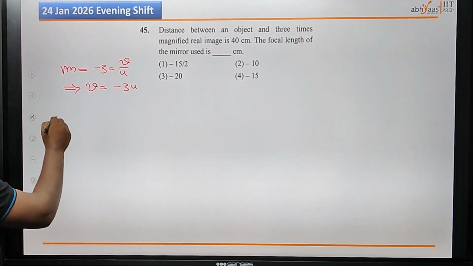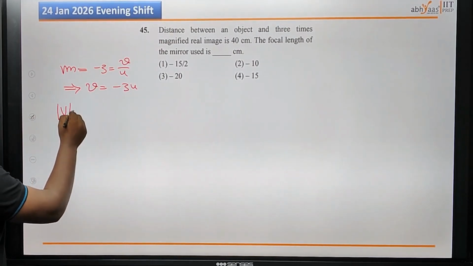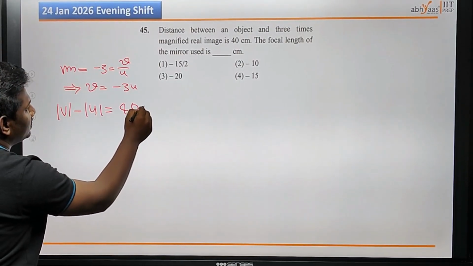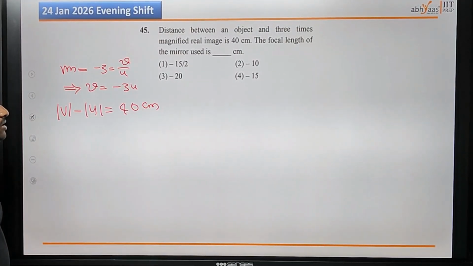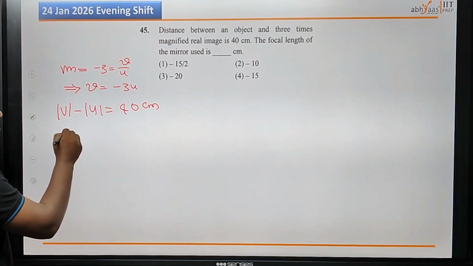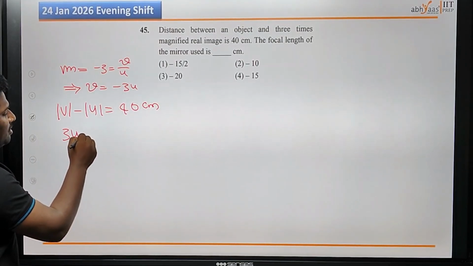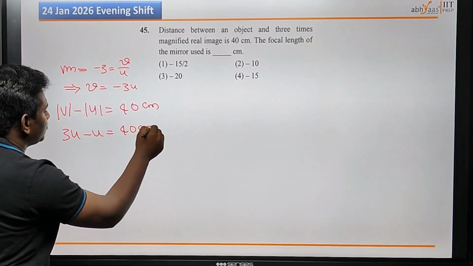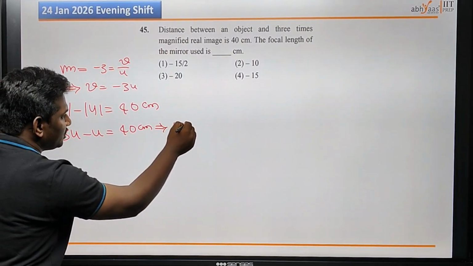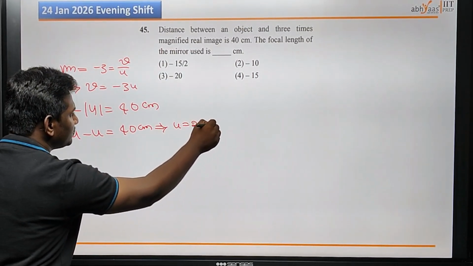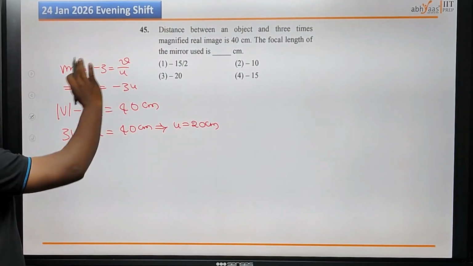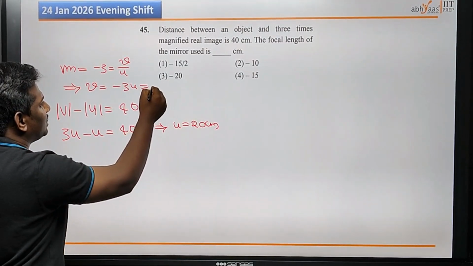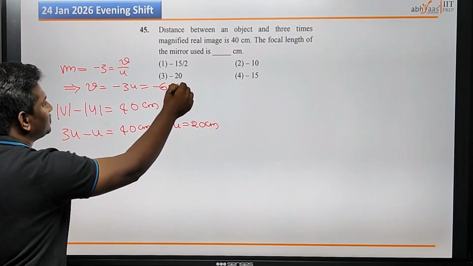The distance between them, magnitude of v minus magnitude of u, can be written as 40 centimeters. So substitute here, 3u minus u equal to 40 centimeters. u can be written as 20 centimeters. If u is 20 centimeters, what will be v? v can be written as minus 60 centimeters.